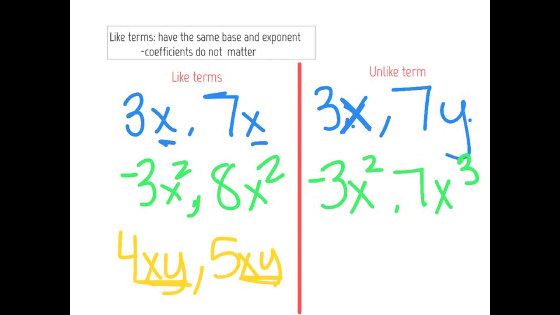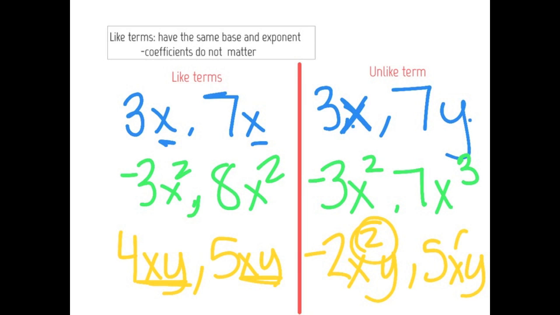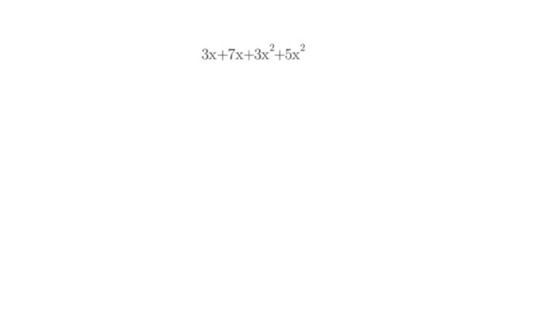They have the same base, yes, but they have different exponents, so they're not like terms. The last one I'll do is negative 2x squared times y and 5x times y. They have the same variables, both have an x and a y, but this x has a 2 and this x doesn't, so that makes them unlike terms.